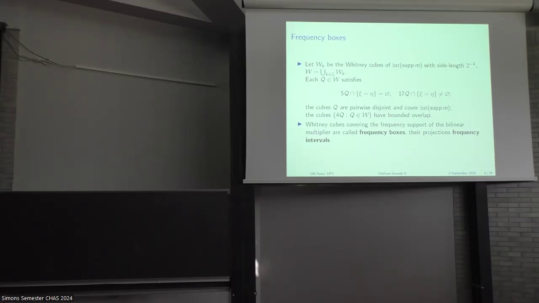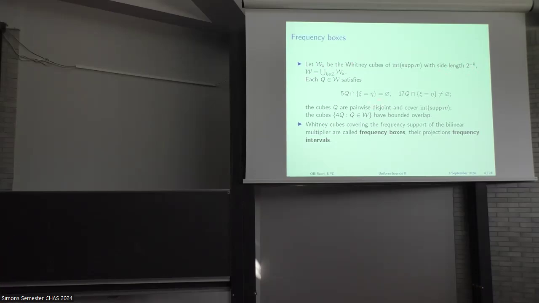And this is a convention that I try to follow, that k as such is the scale in space, and the scale in frequency is 2^{-k}. So when we see W_k, we know that we are talking about something that sees the space scale 2^k.